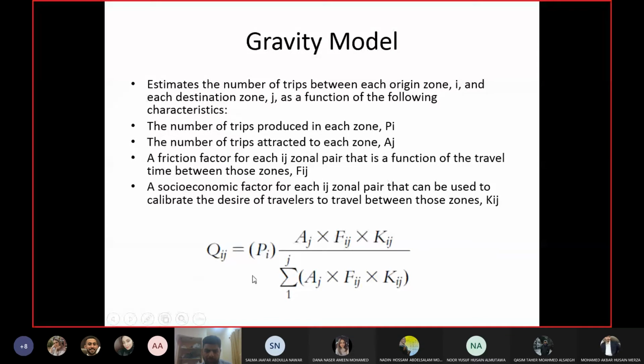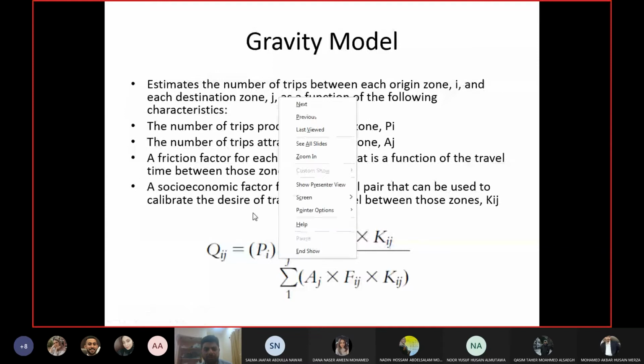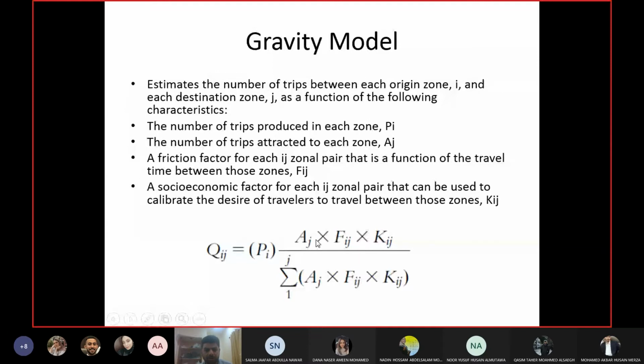Similarly, if you add the trips attracted to zone 1 from all the zones, it must be equal to Aj. So trips produced from all the zones should be equal to Pi, and trips attracted from all the zones must be equal to Aj.